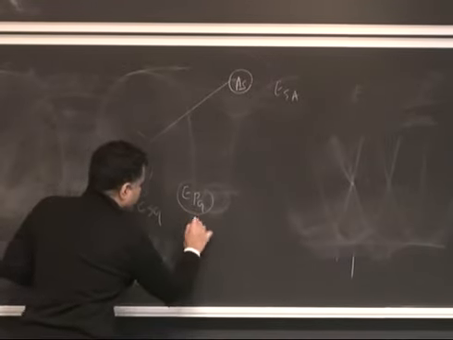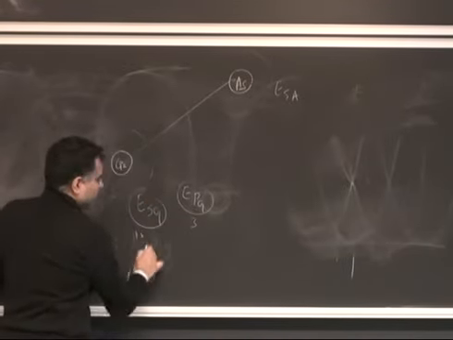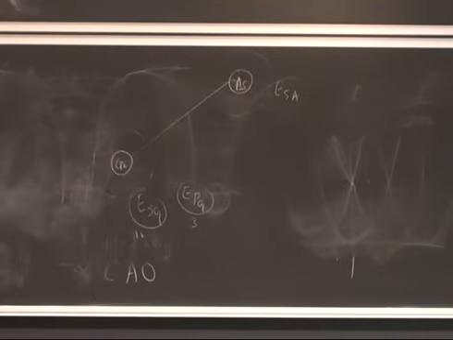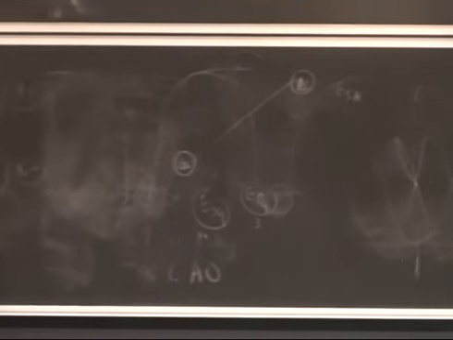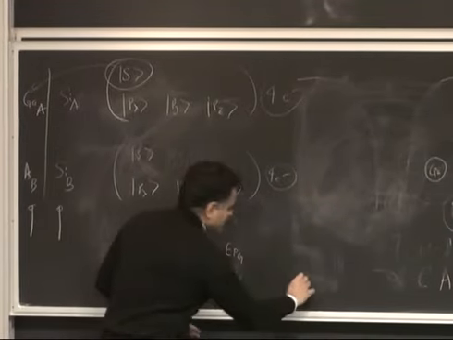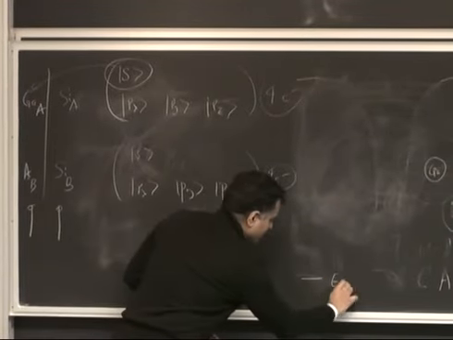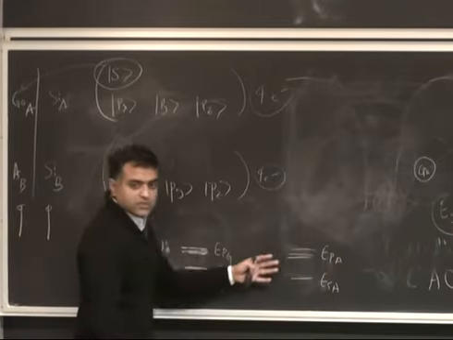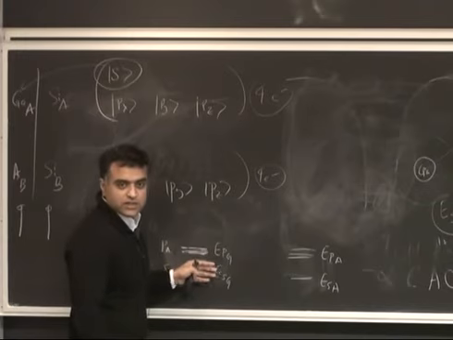So there are 3 times that and just 1 times that. So this is Es gallium, and these are Ep gallium. Similarly, Es arsenic and Ep arsenic, 3 of them, 3 degenerate, 1.